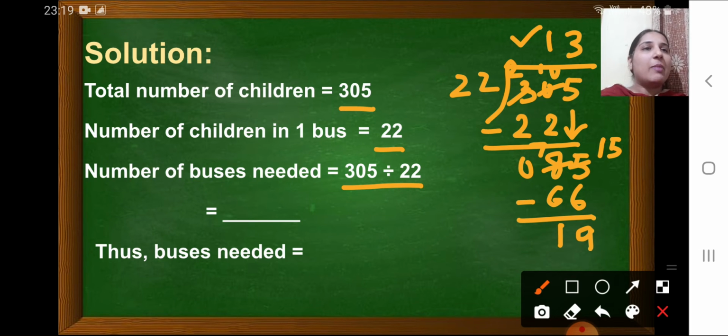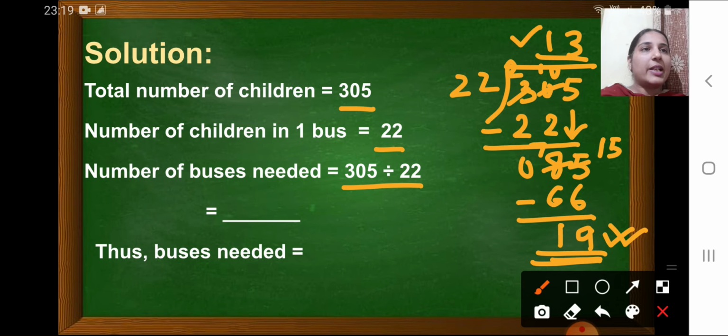It means 13 buses can occupy 22 children in each bus, means there will be 22 children. But you can see here the remainder. It means as a remainder you can see that these 19 children, for them also one more bus will be required, isn't it?